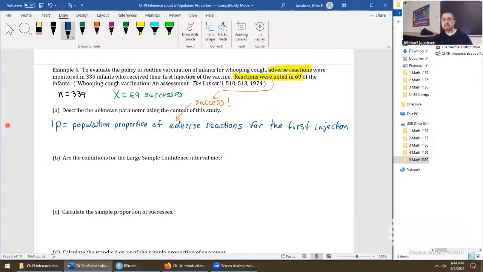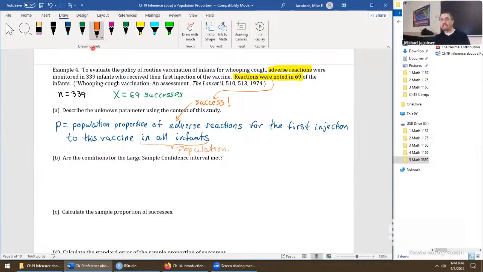It's the whooping cough vaccine, but I'll just refer to it as this vaccine, in all infants, not just the 339, all of them that would be at the right age range to receive this vaccine. I'll paraphrase that just by saying all infants. So this part where we said in all infants, this is where we're mentioning the population.